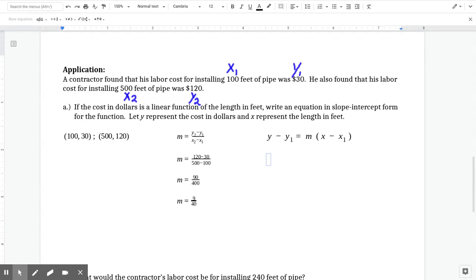So if we substitute our first point, we're going to have y minus y1 is 30 equals our slope is 9 over 40, and inside parentheses we have x minus 100. Okay, so continue on.